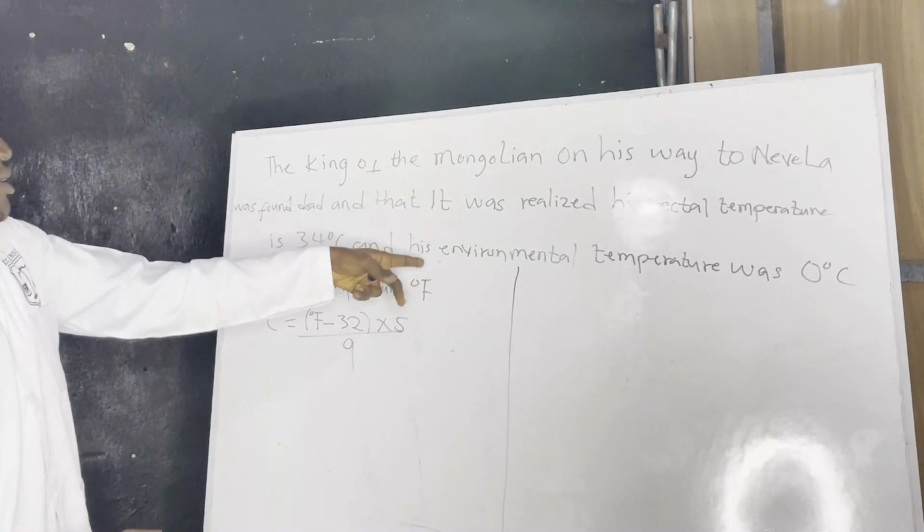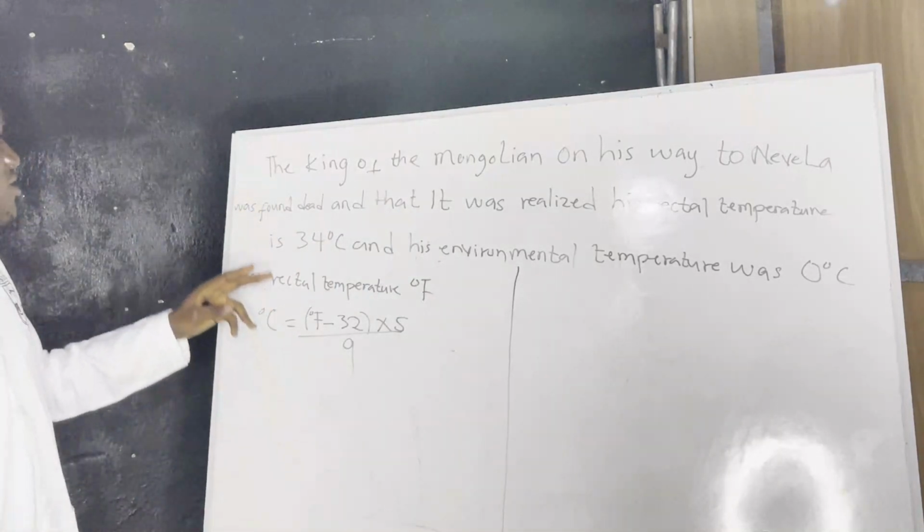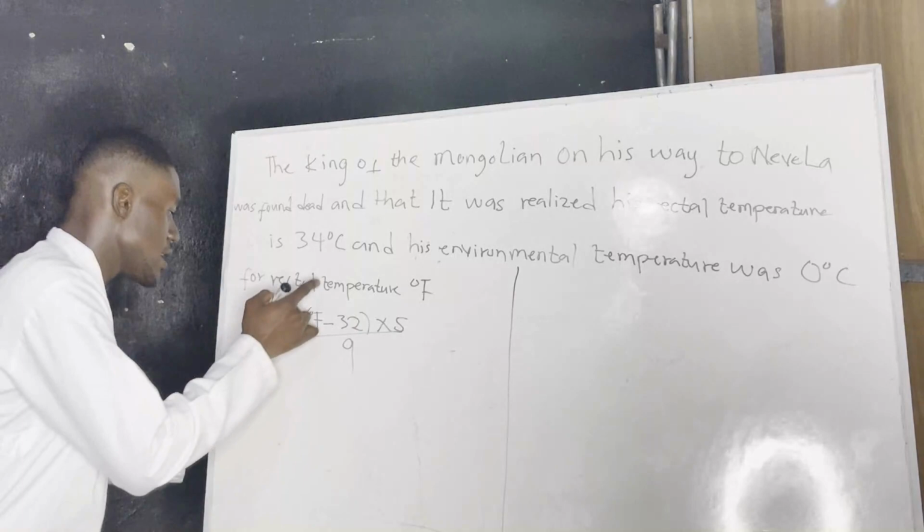So his temperature was 34 degrees Celsius. The rectal temperature was 34 degrees Celsius. So you put it here, 34.